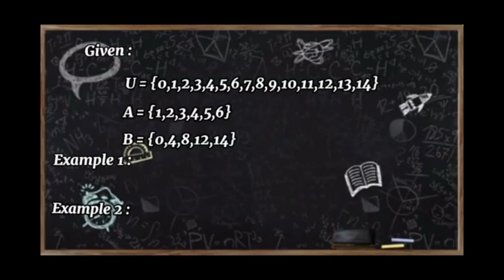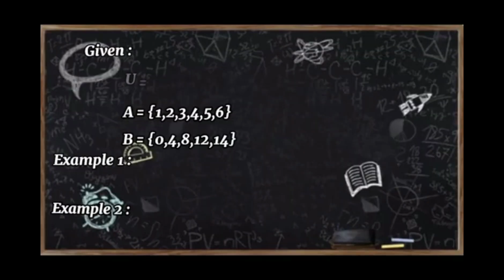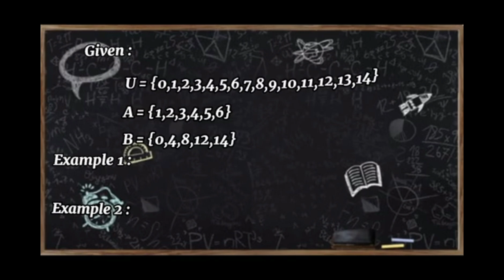Okay, example. So, the universal set is 0, 1, 2, 3, 4, 5, 6, 7, 8, 9, 10, 11, 12, 13, 14. A is 1, 2, 3, 4, 5, 6. B is 0, 4, 8, 12, 14. So how to get the complement of A?